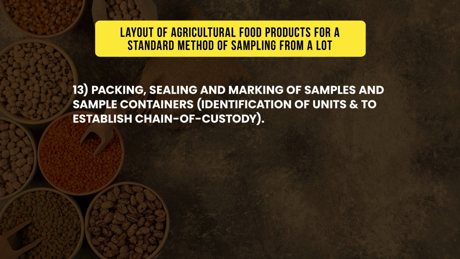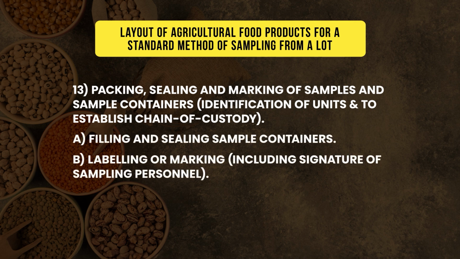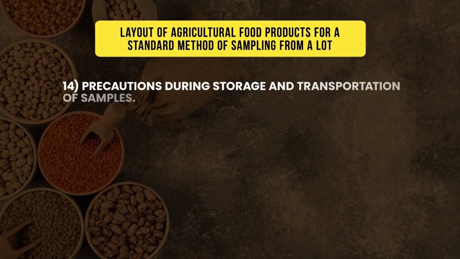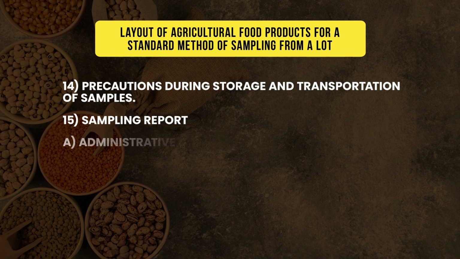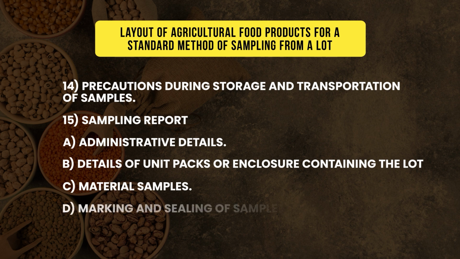Packing, sealing and marking of samples in same containers, for example, filling and sealing sample containers, labeling it properly, packing sample for storage or transportation, precautions during storage and transportation of sample, sampling report, then administrative details of unit packs or enclosure containing the lot, material samples, marking and sealing of the samples, and all the annexures necessary for this. So all that we have to really make sure when we are going for a sampling.